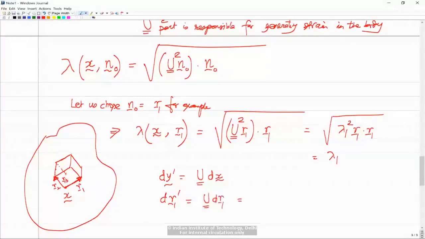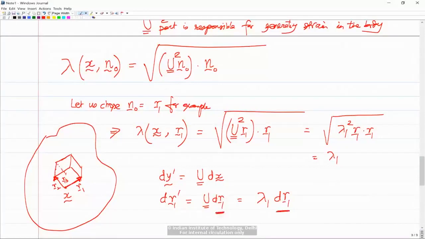But R1 being the eigenvector, U into dr1 is simply lambda 1 into dr1. So what you see is that the direction of the line element has not changed. It was dr1 and finally also it is dr1.